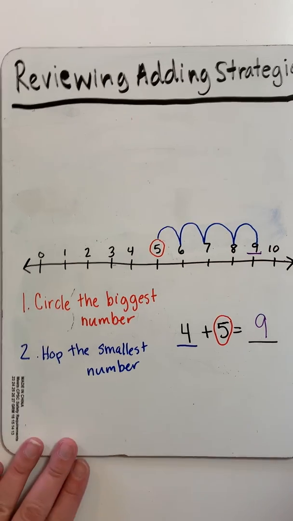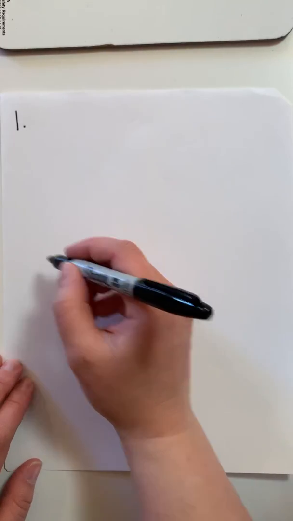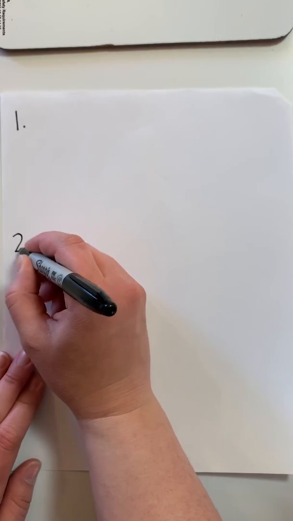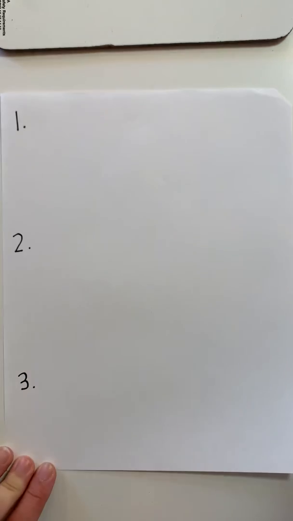All right, now it's time for you to try at home. So get out a piece of paper and you're going to answer 3 problems. So on your paper, write a number 1 at the top, a number 2 in the middle, and a number 3 at the bottom.